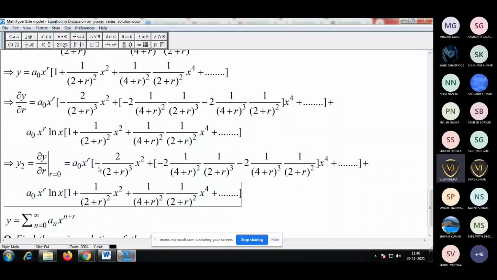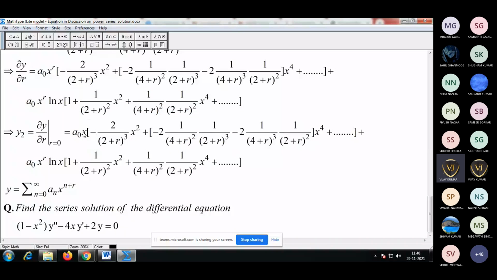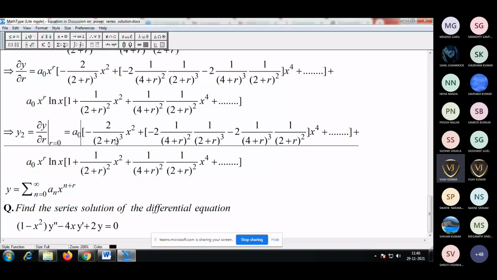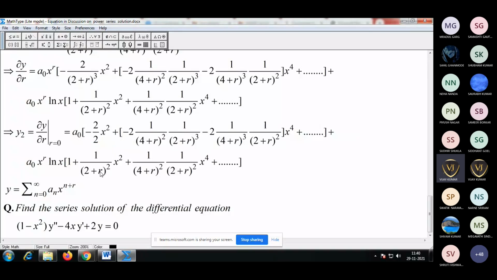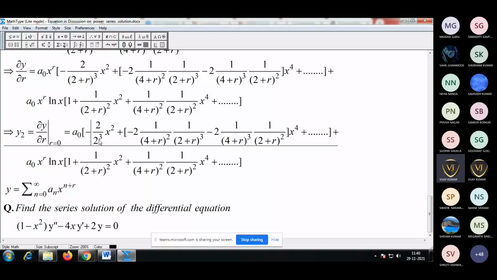r is 0, it means x power 0 is 1. r is 0, it means 2 to the power 3. Then here 2 power 3 and 4 power 2.